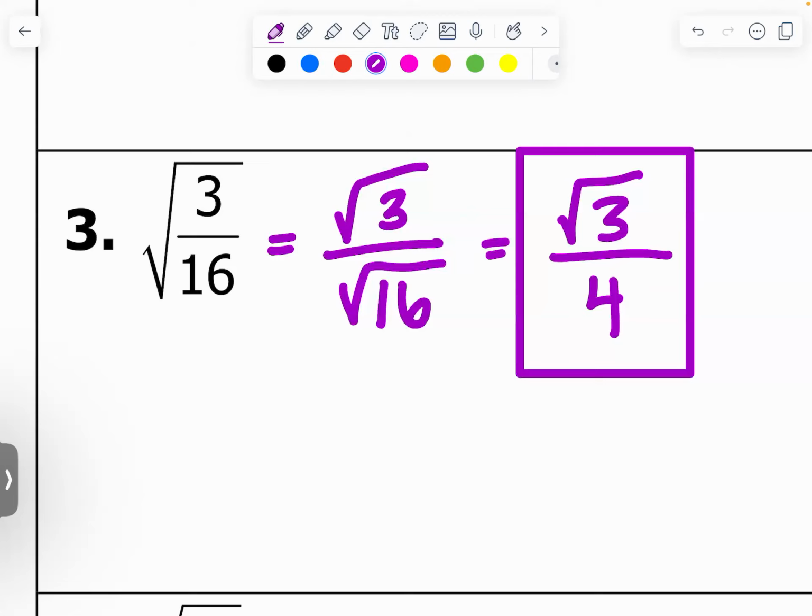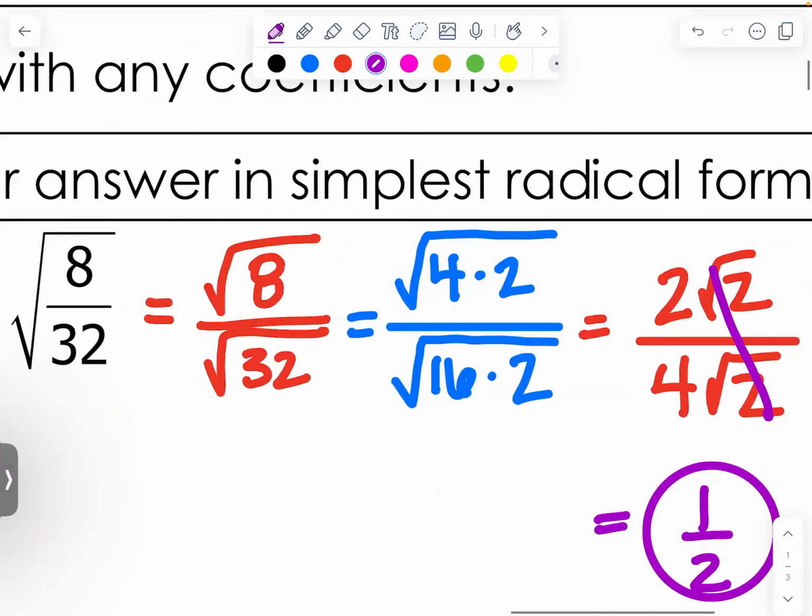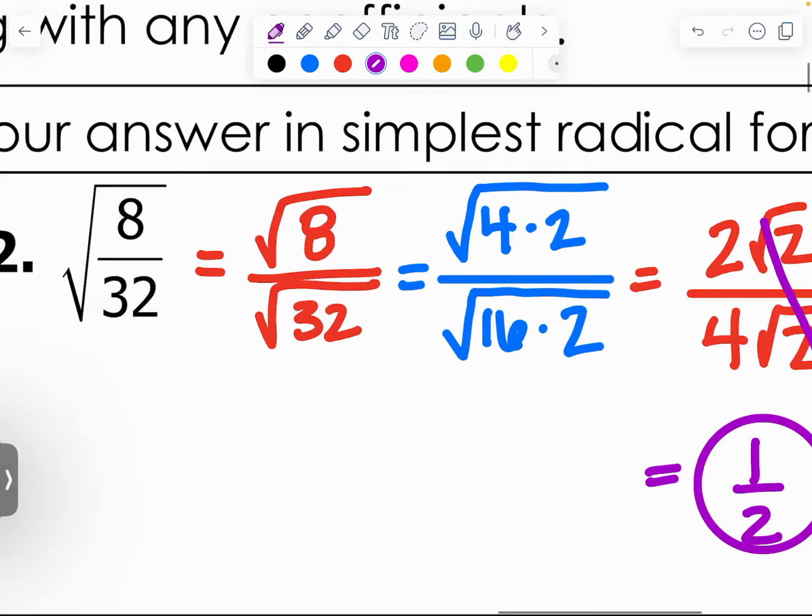What don't you get? Do we have something that can reduce the square root of 3? So it just stays as the square root of 3. But we know that the square root of 16 is 4. Yeah, but you didn't do that on the last one. We actually did, but we had to reduce both of them. The way the problem was, my numerator was the square root of 3.